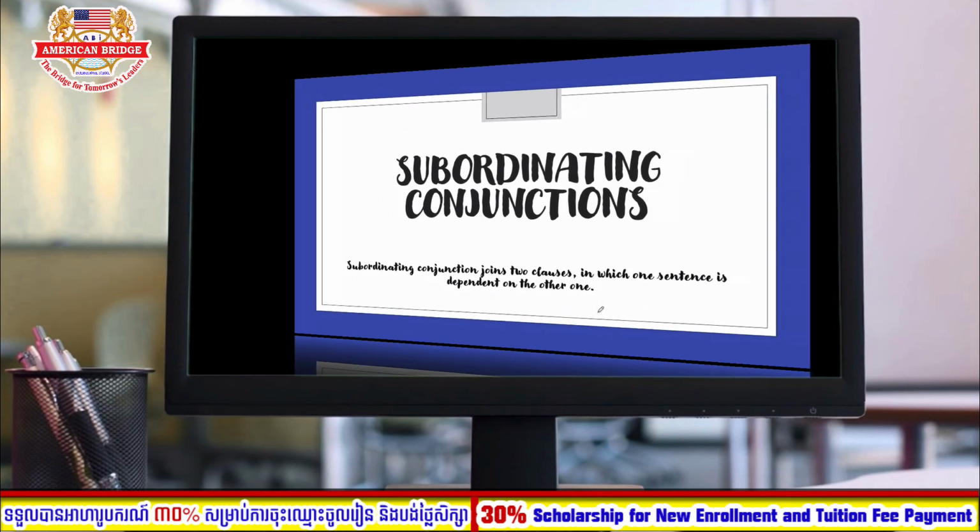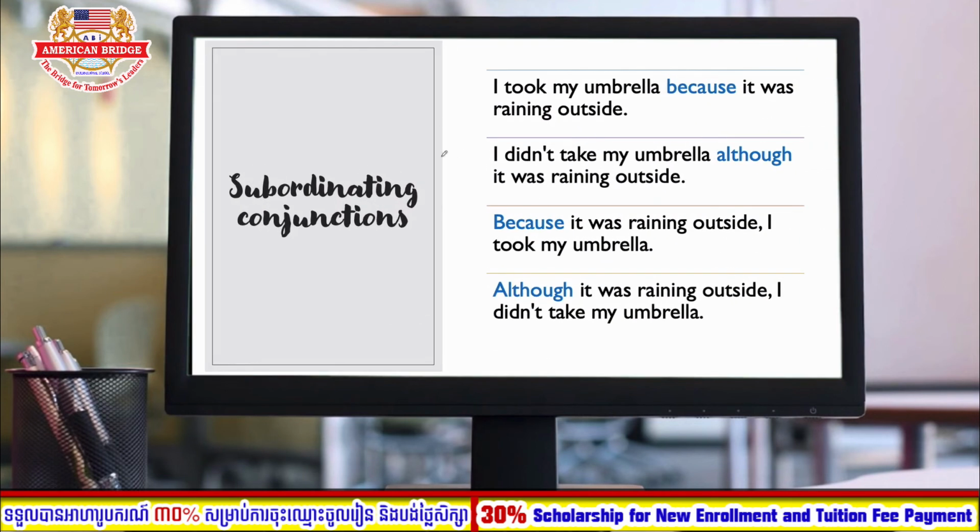Let's look at some examples that use subordinating conjunctions. The words in blue here are the subordinating conjunctions. I took my umbrella because it was raining outside. I took my umbrella is the independent clause, and because it was raining outside is the dependent clause.